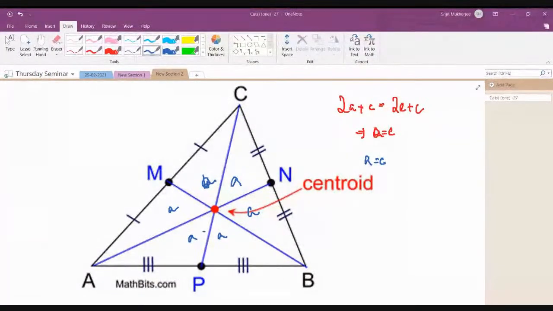Any doubts? So if a point uniquely divides the whole triangle into 3 equal areas, that point must be the centroid. Okay, lovely. So let's move ahead.